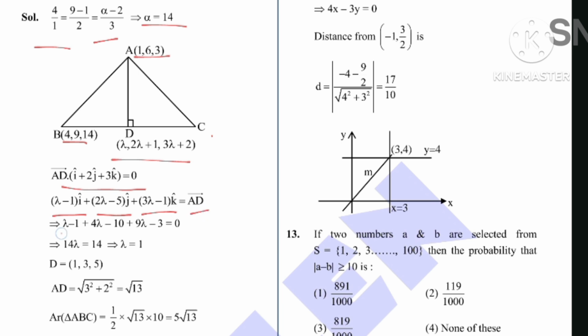So lambda minus 1 plus 4 lambda plus 10 plus 9 lambda minus 3 is equal to 0. 14 lambda is equal to 14, lambda is equal to 1. The D point is (1, 3, 5). Now AD is, so that is root 13. Area of triangle is half into base into height. So half into AD root 13, height is 10, that is equal to 5 root 13, is the answer.